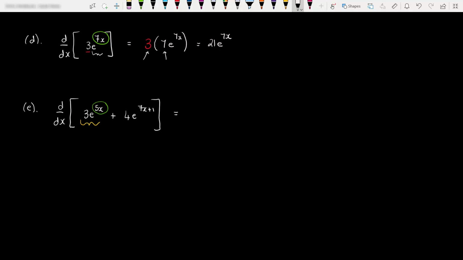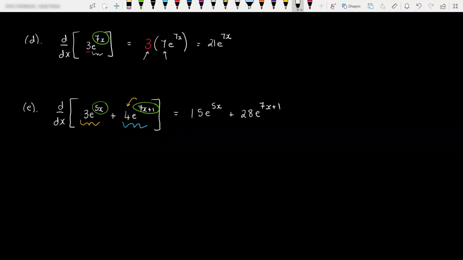So 5 times 3 is going to give us 15, and then we have e to the power of 5x. And then plus, now we do the second term. We differentiate whatever's in the exponent, and we multiply it onto this term. If you differentiate 7x plus 1, you get 7. And then we times that 7 with the 4e to the 7x plus 1. So 7 times 4 is 28. So we have 28e to the power of 7x plus 1.